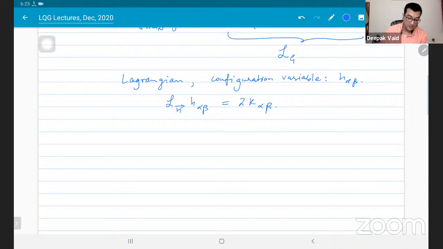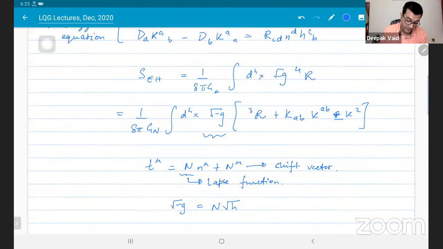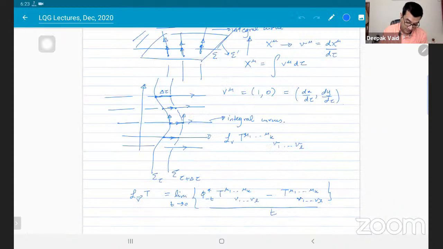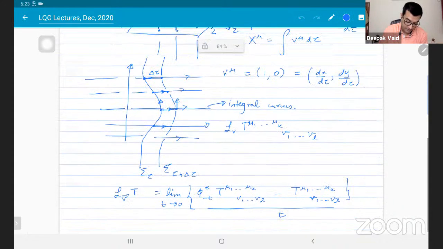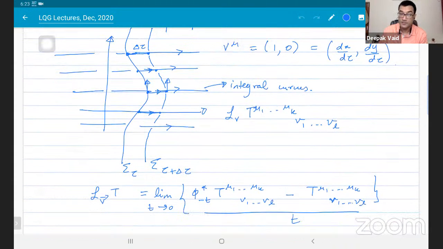Okay. Now, this Lie derivative, maybe you are familiar with it, maybe not. So I can go over what the Lie derivative is. I sort of briefly explained it in the last lecture, and if this explanation is sufficient, then I leave it at that.